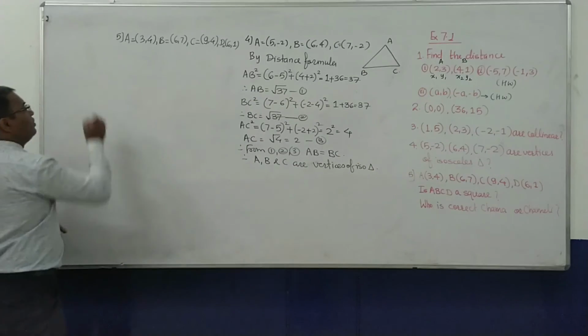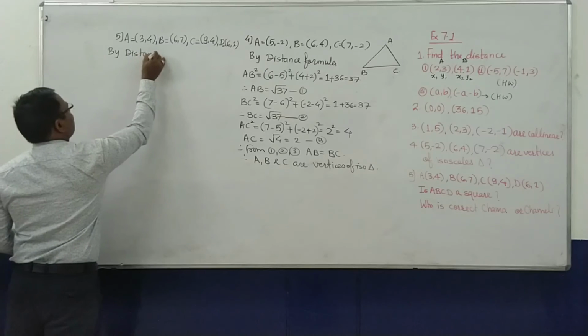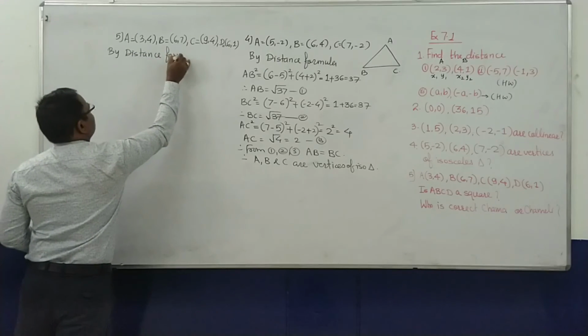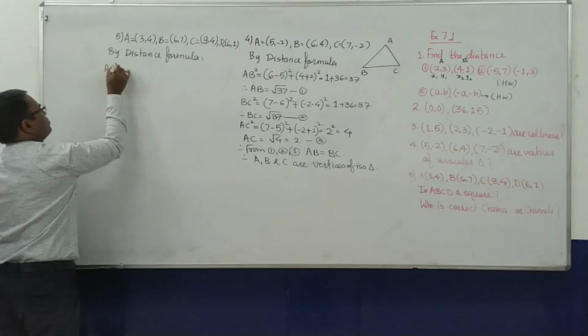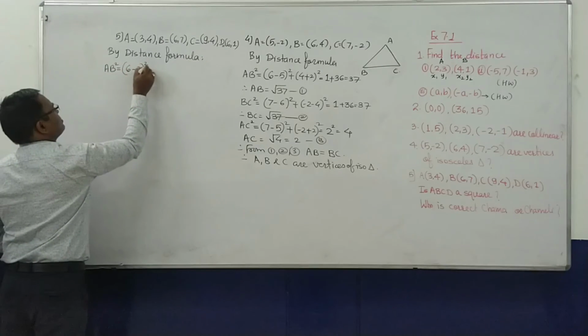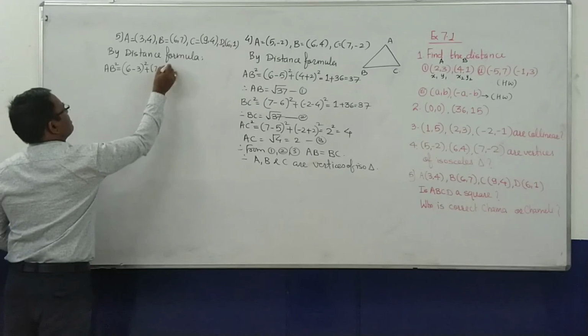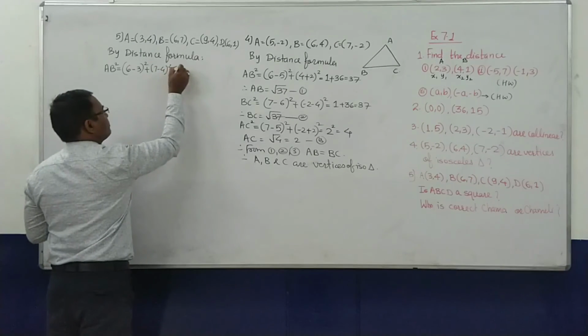Let's see. Now, by the distance formula, this you compulsorily have to write. So, first AB square is equal to 6 minus 3 square plus 7 minus 4 square. 6 minus 3 is 3. Square of 3 is 9.